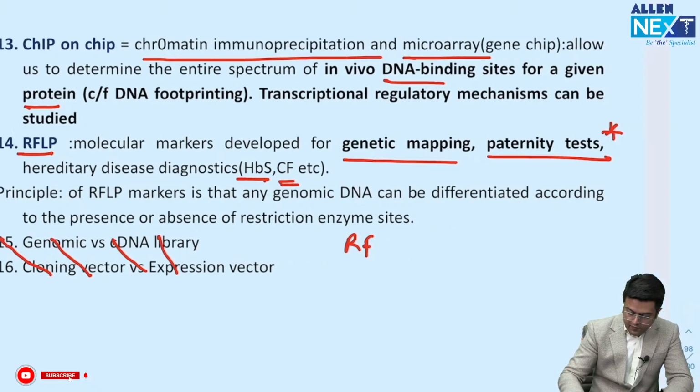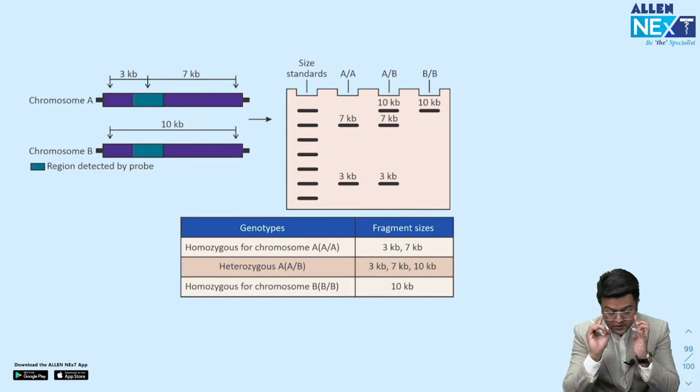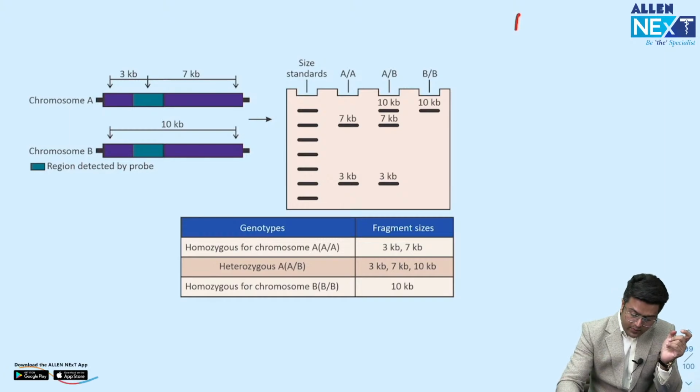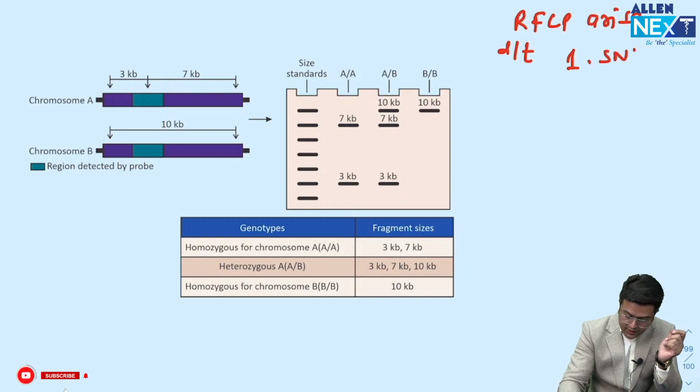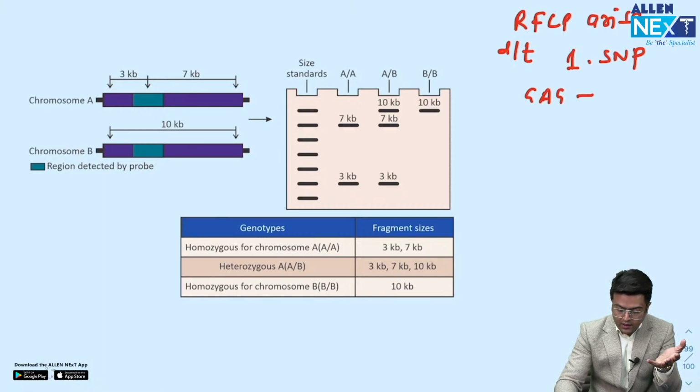So how does the RFLP arise? See the name, restriction fragment length polymorphism. Human beings have differences in the length of the DNA if it is cut with a single enzyme. So this RFLP arises due to either a single nucleotide polymorphism, like in sickle cell disease, where GAG, the codon for glutamic acid, converts into GUG on the mRNA.